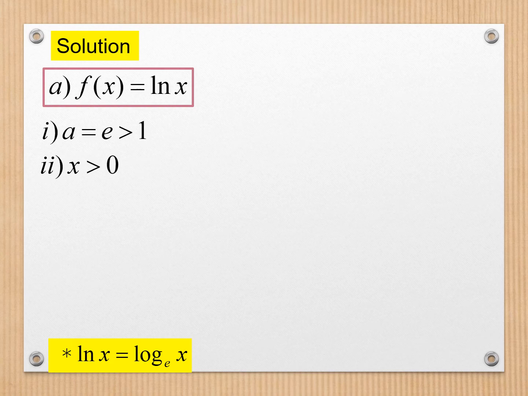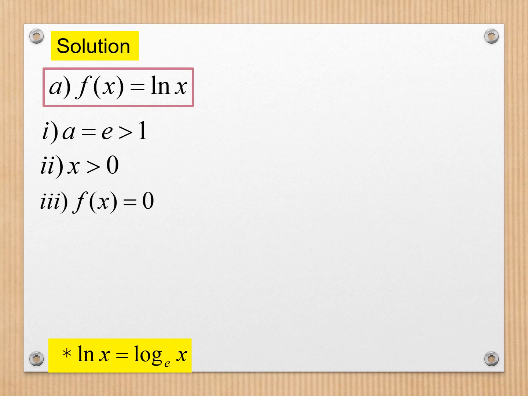Then we find the domain of this function. Since ln x is log base e of x, x must be more than 0, so the domain is 0 to infinity. 0 to infinity means that it is on the right side.